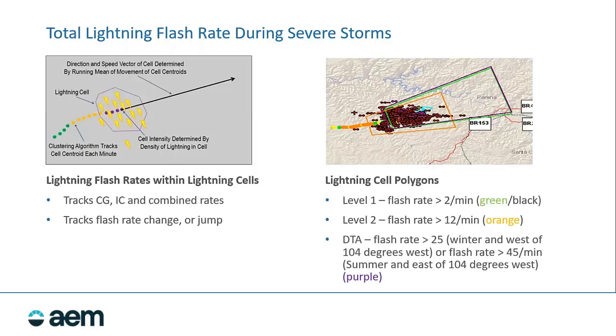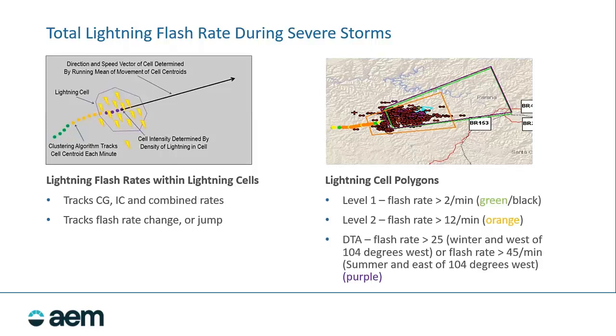I mentioned that DTAs, those are dangerous thunderstorm alerts, have a flash rate of over 25 in the wintertime and a flash rate of over 45 flashes per minute in the summer months. But there's also other polygons you can visualize, friends. Level 1 is a flash rate of about 2 to 3 or greater per minute. And then a level 2 polygon is over 12 flashes per minute.